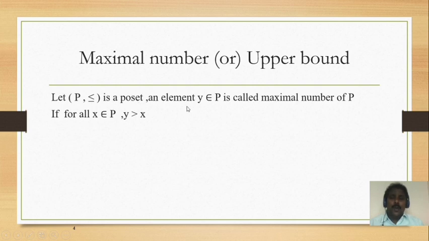An element y belonging to P is called a maximal member of P if for all x belonging to P, y is greater than x. If y is greater than x, then it is called an upper bound or maximal member. If y is less than x, it is called a minimal member. If y is greater than x, it is called a maximal member. So these are the definitions of maximal member and minimal member.